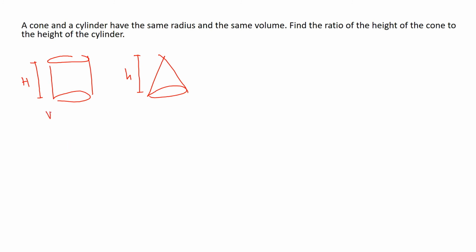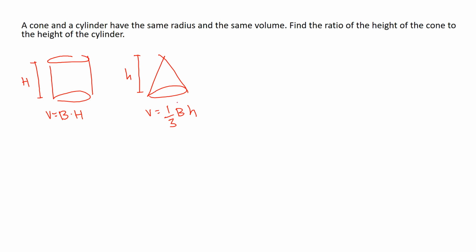So say the volume of your cylinder, isn't it, is just area of the base multiplied by the height. How about the volume of the cone? Isn't it 1/3 area of the base times height. Take note, class: the area of the base of your cylinder is just equal to the area of the base of your cone.